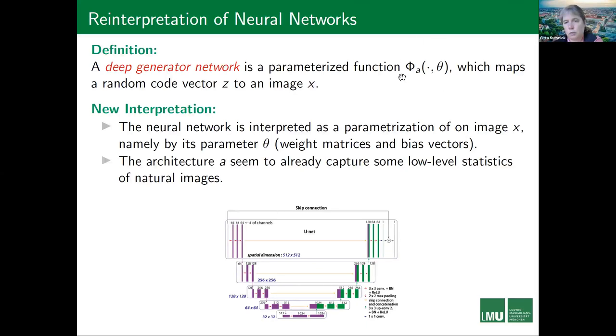So in that way, it generates images, and the image is to a certain extent parameterized by these parameters, which are though not learned. And in a certain sense, intuitively the architecture which is used, so they use U-Nets, seems to already incorporate some statistics of natural images, maybe because of the multi-scale structure.